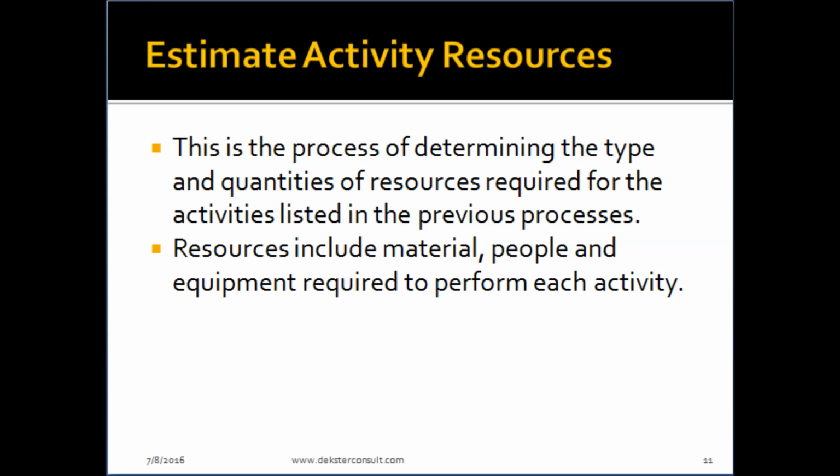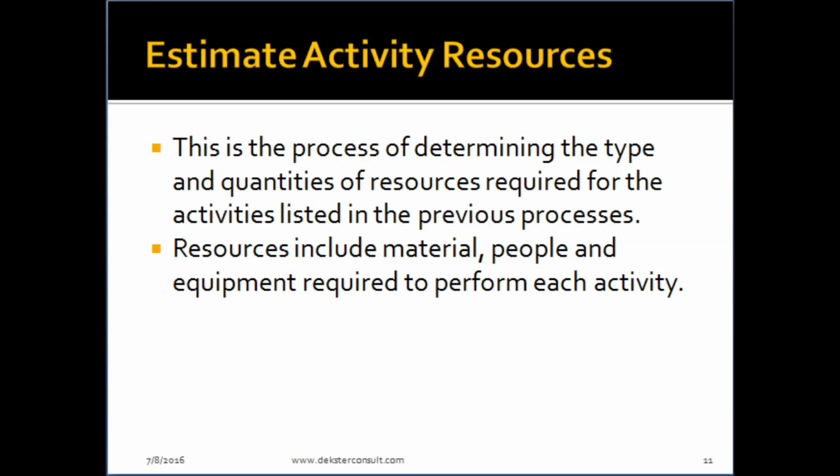Our next time management process is estimate activity resources. This is the process of determining the type as well as the quantities of resources that are required for the activities listed in the previous processes. Resources here include material, people, and equipment required to perform each activity.